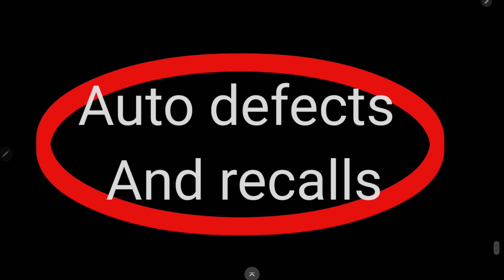Common types of auto defects. First is design defect. Sometimes a car is designed in a way that makes it inherently unsafe, such as a flawed brake system or fuel tank design that could cause a fire.